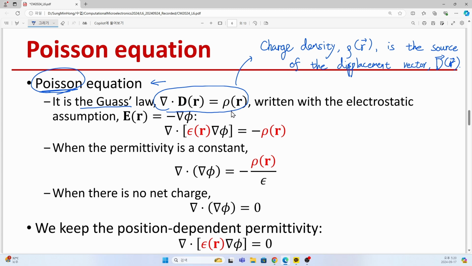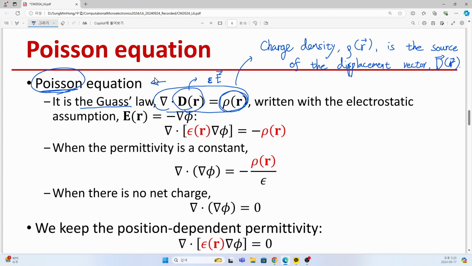So when we have a net charge density, it will generate a displacement vector, and this displacement vector is closely related to the electric field inside a simple material. So we have a simple scalar value here, permittivity.